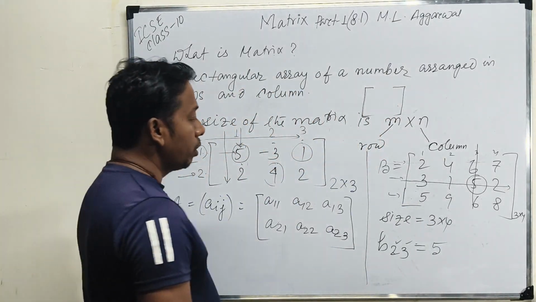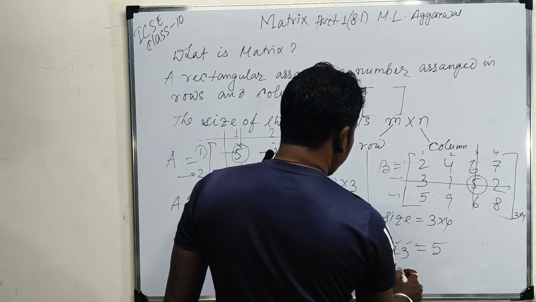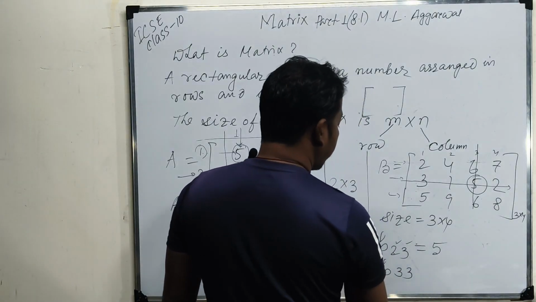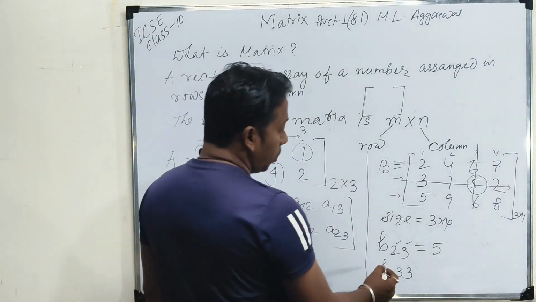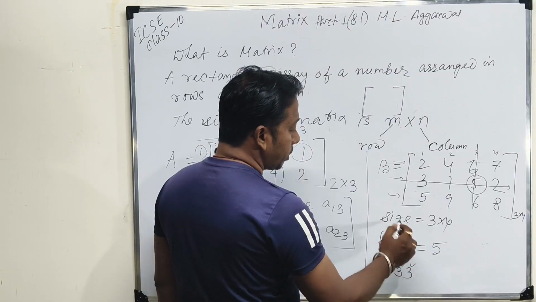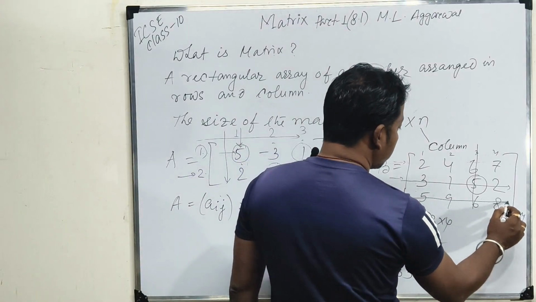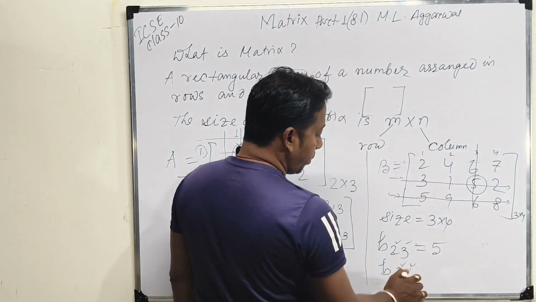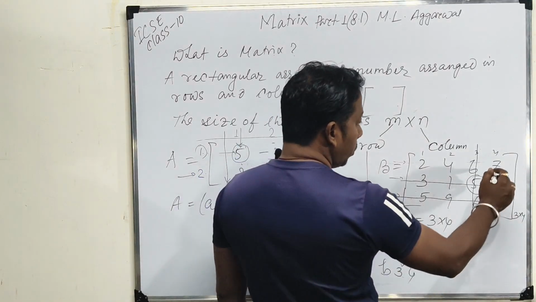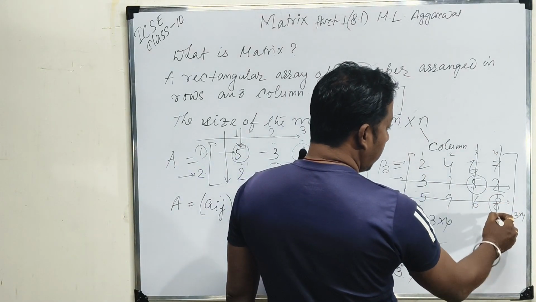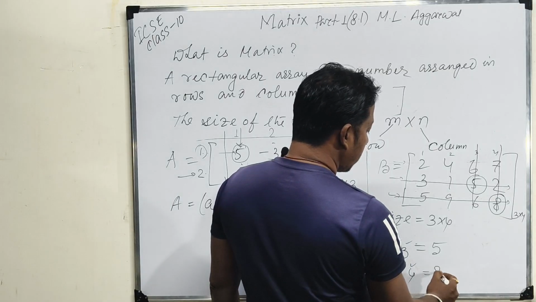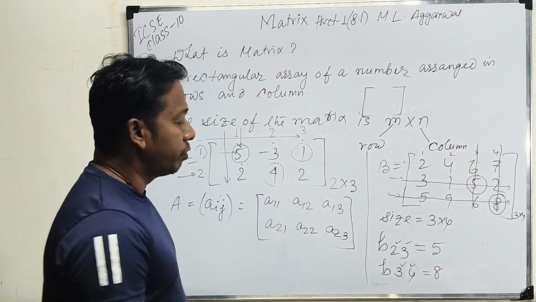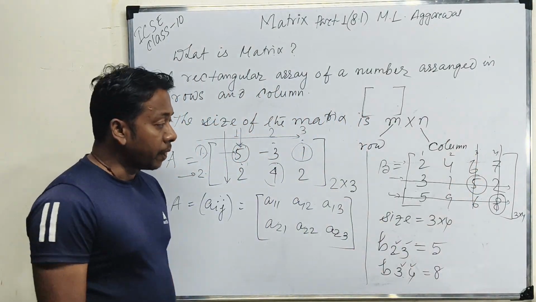And what is the value of b33? That is row number 3, column number 3. At the intersecting point, the value is 8. Then b34, row number 3 and column number 4, is also 8.